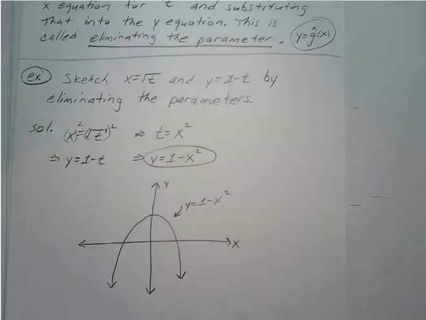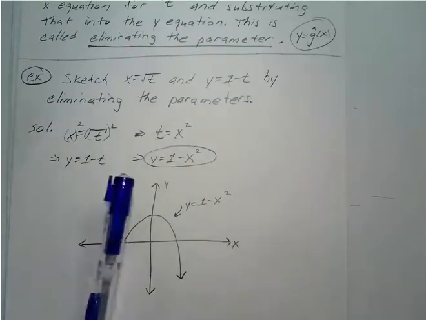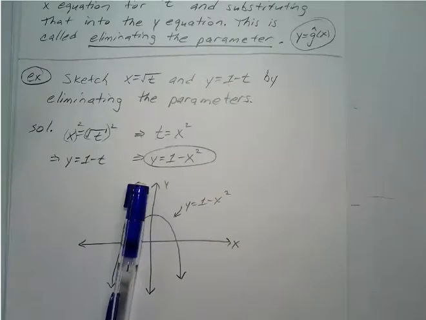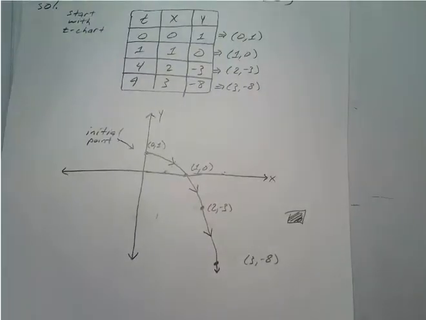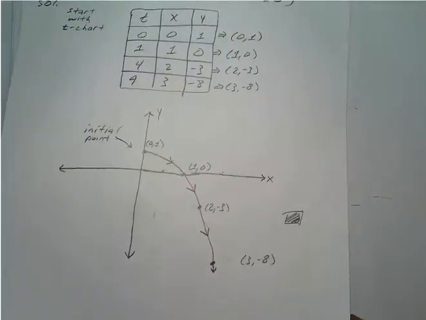Okay, so going back, I'm just going to cover this up for a quick second. If you notice, if you block the left half of this graph, it kind of looks like our first graph. The only difference is when you eliminate the parameter, you don't have any direction.